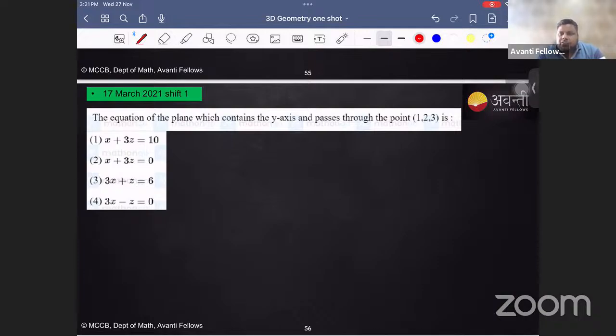Think over it. Tell me the correct answer quickly. Whatever you got, mark your answer in this MCQ poll.